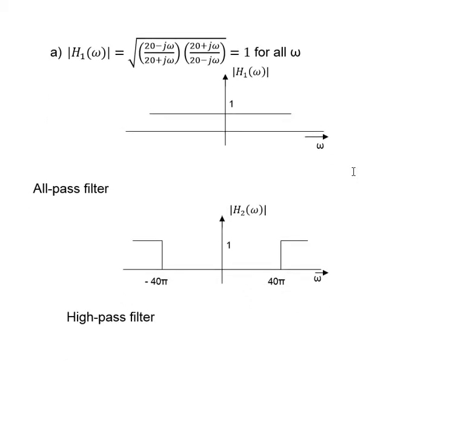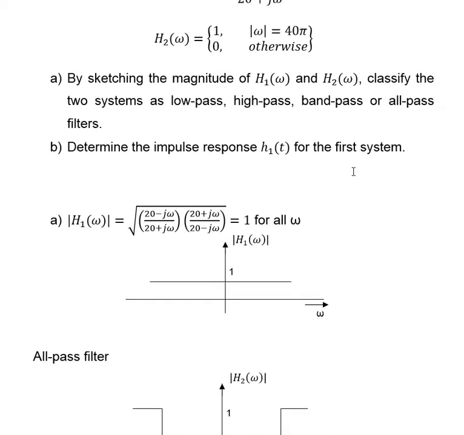For my second system, I have the system defined by this expression, and it's 1 for any frequency greater than 40 pi and 0 otherwise, for absolute values of my frequencies.